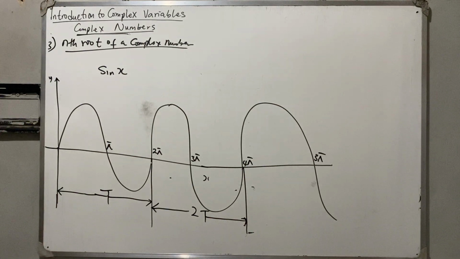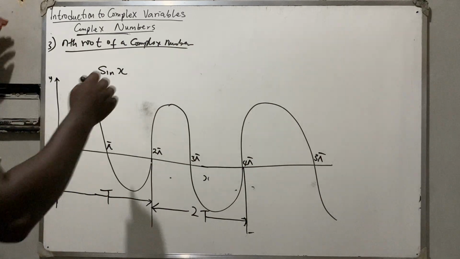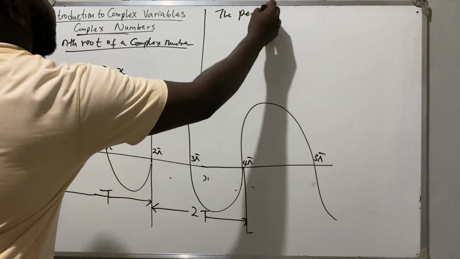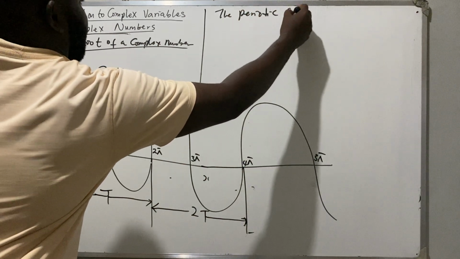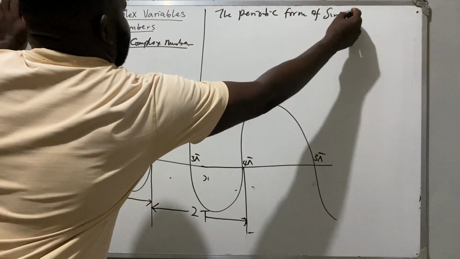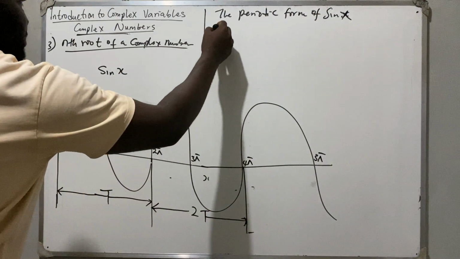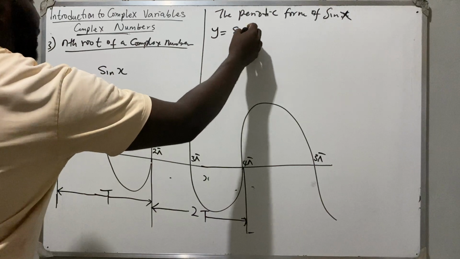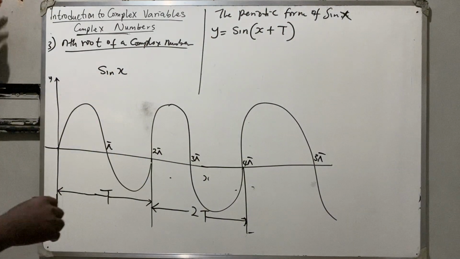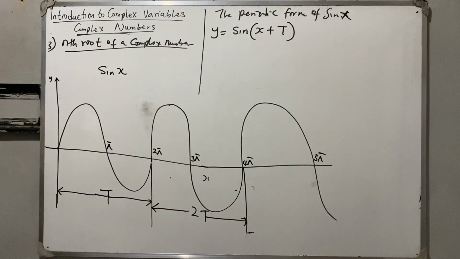So let's write sine x in periodic form. The periodic form of sine x is that y is equal to sine of x plus T, where T is the time it will take you to complete one oscillation.